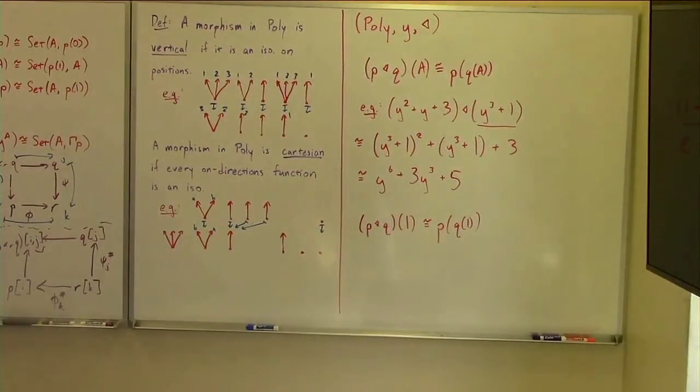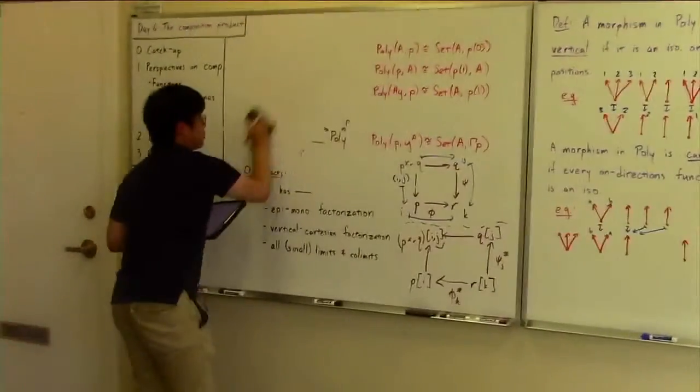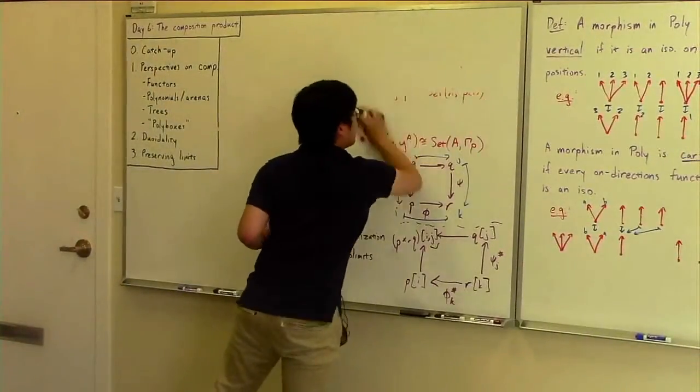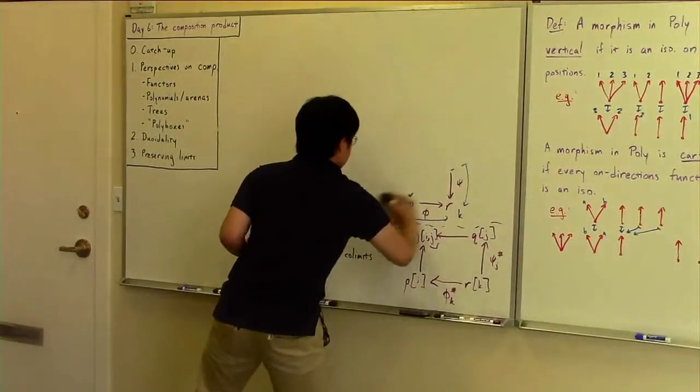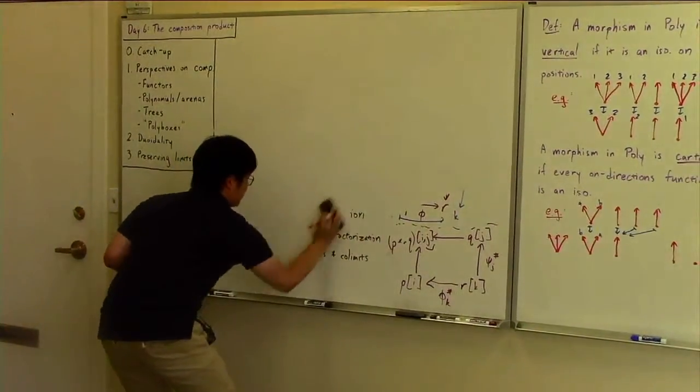And so in order to figure that out, let's write out our polynomials in the way we usually write them.